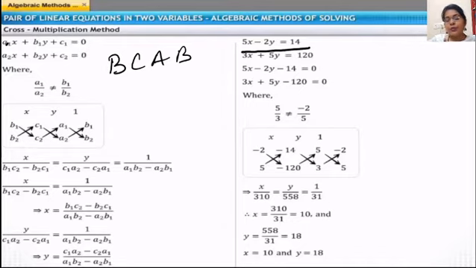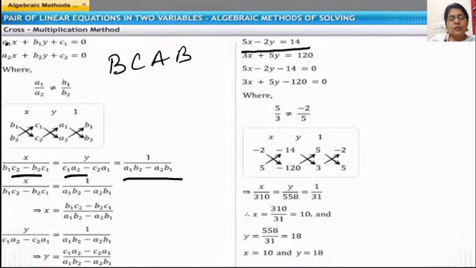Second, we have to see whether the equation has a unique solution or not. Third, we have to remember this BCAB. When we have remembered this, x is over b1 c2 minus b2 c1, then c1 a2 minus c2 a1, and a1 b2 minus a2 b1.